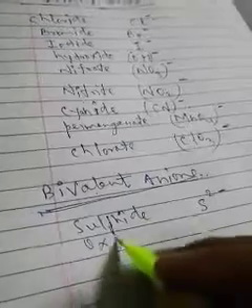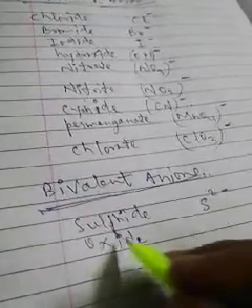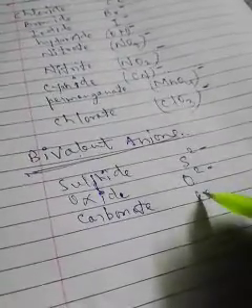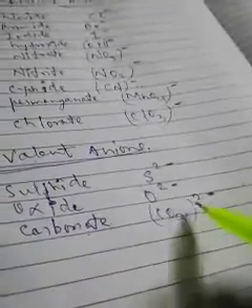Oxide, O2-, valency 2. Carbonate has symbol CO3, charge 2 minus.